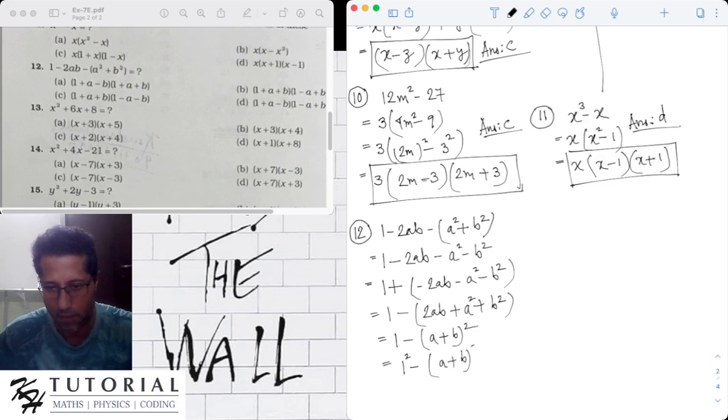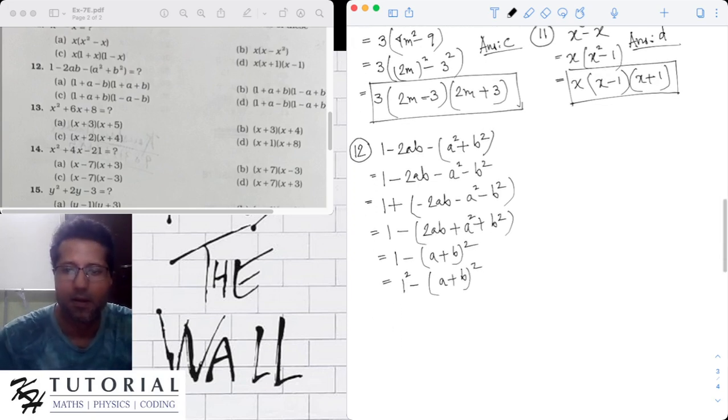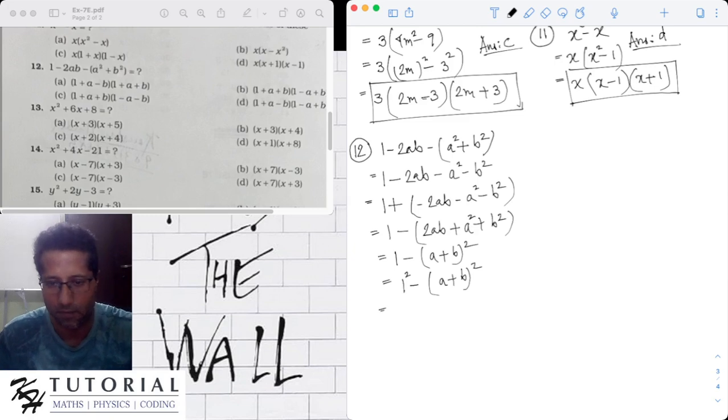So the final factorization will be 1 plus a plus b and 1 minus a plus b.